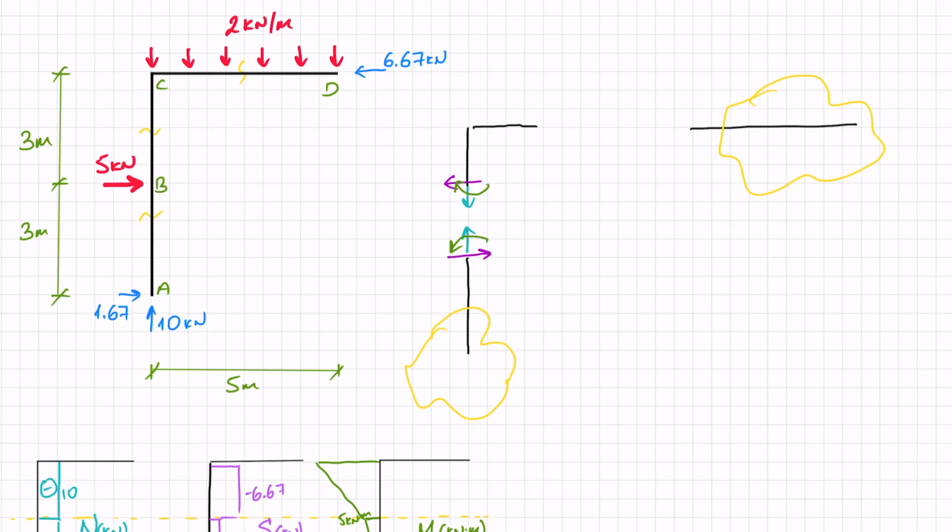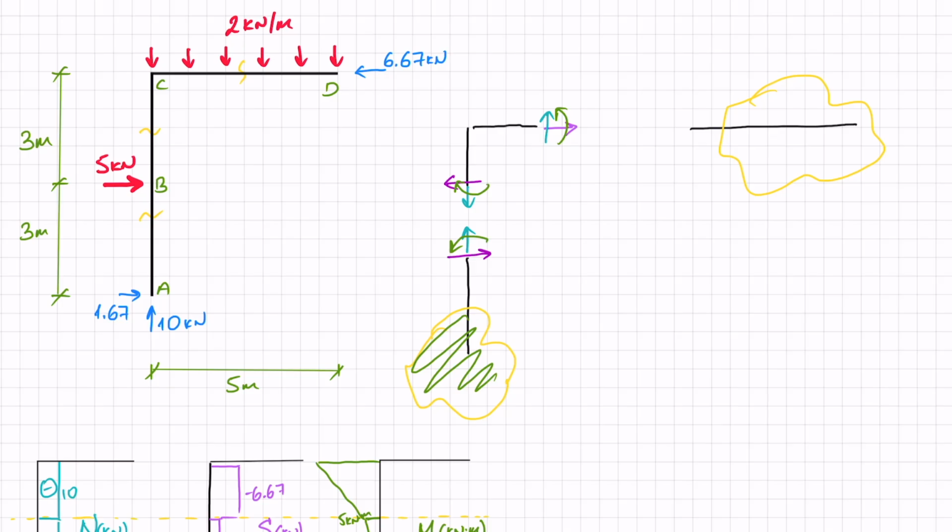Now, these internal forces on the column are balanced out by all these internal forces here. But on this corner, I need to balance it out by the internal forces on the other side of the corner, which means that on the other side of the corner, here I need a force in this direction, I need a force in this direction, and I need a moment in this direction for this to balance out.